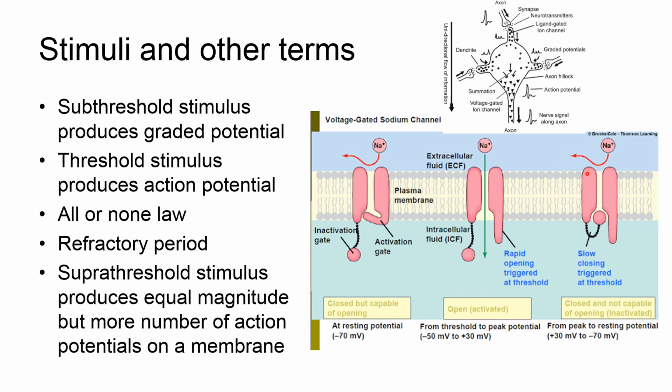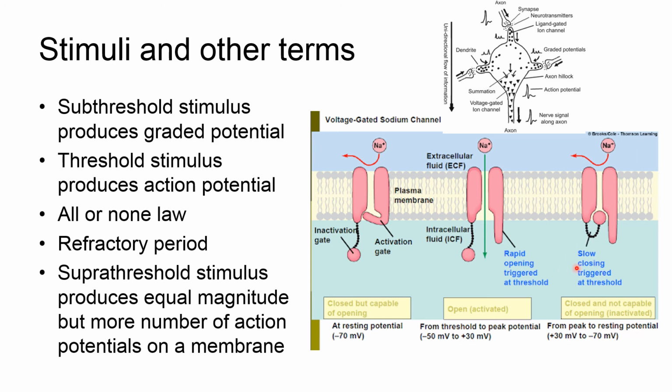That is called the absolute refractory period, the must refractory period. For example, the absolute refractory period is about 1 millisecond, and after that the membrane starts to go from plus 30 toward zero due to leakage of potassium out of the cell.